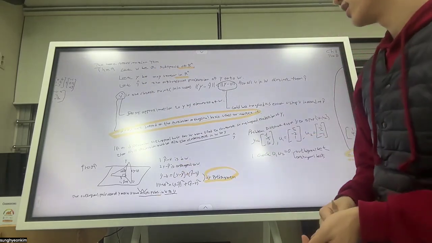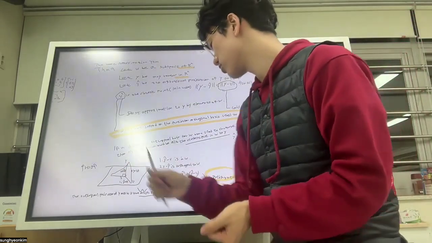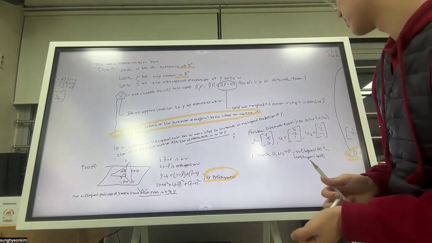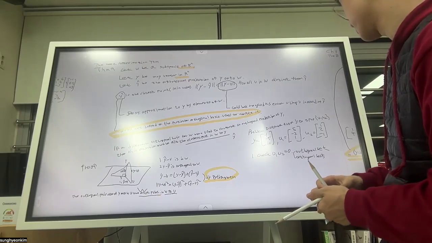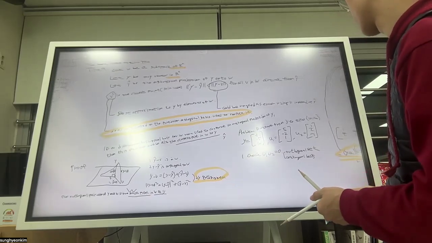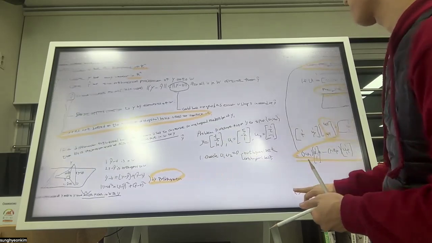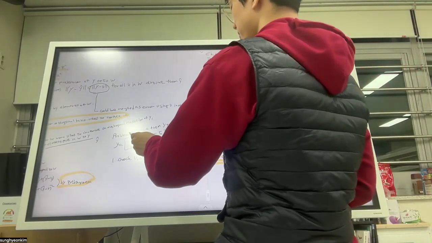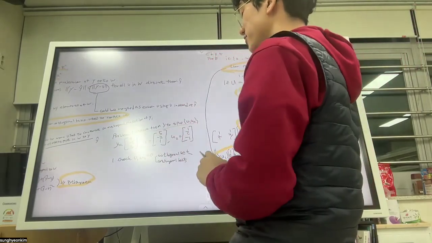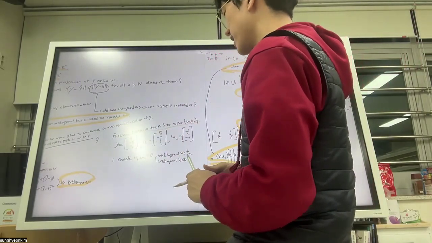We can draw a picture to prove it. We can use the Pythagorean theorem. You can solve the distance from y to span u1 and u2.